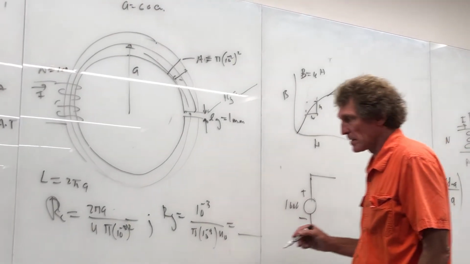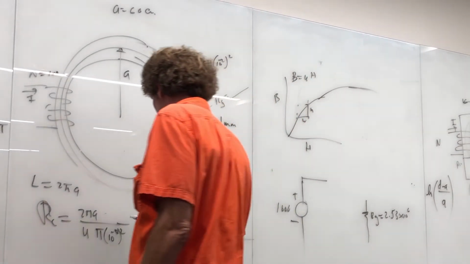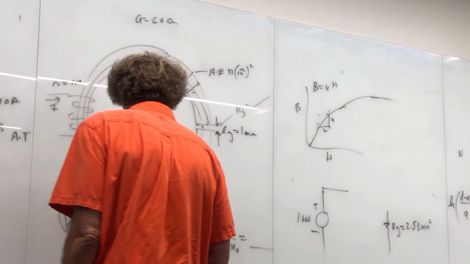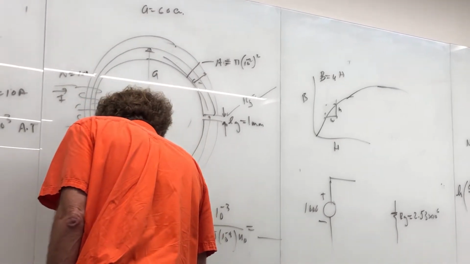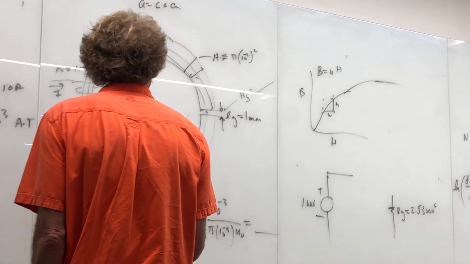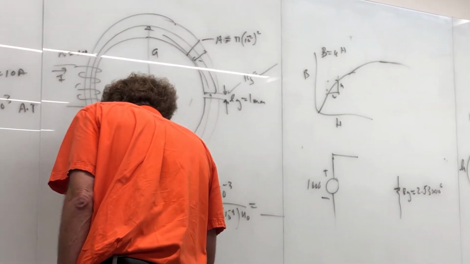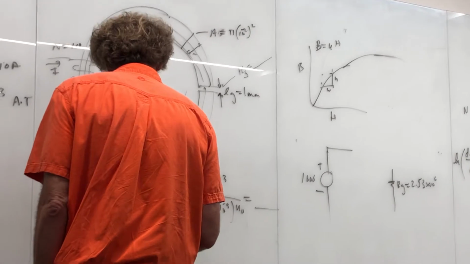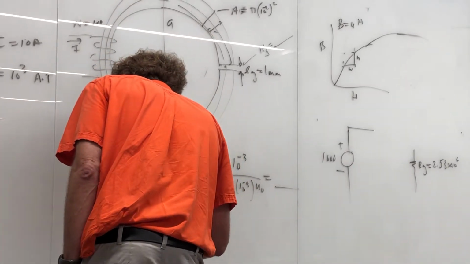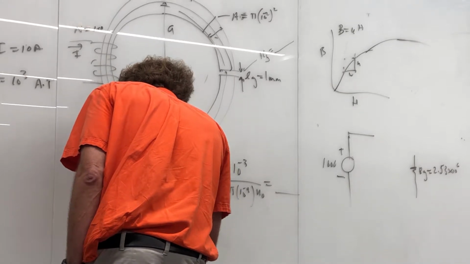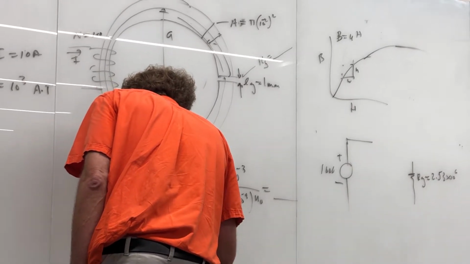And then what we have is this guy here. So that's going to be 2 times 0.6 over pi, or actually get rid of the pi, times 10 to the minus 4th.